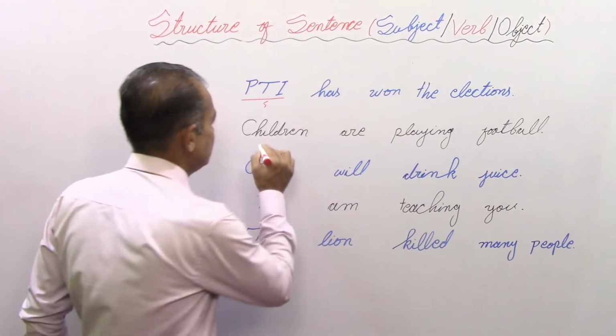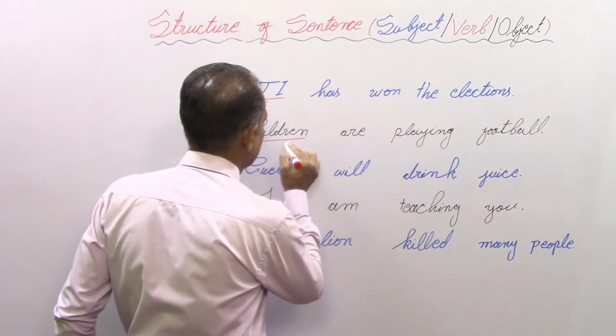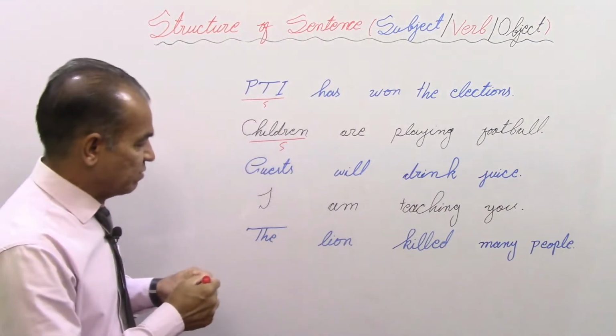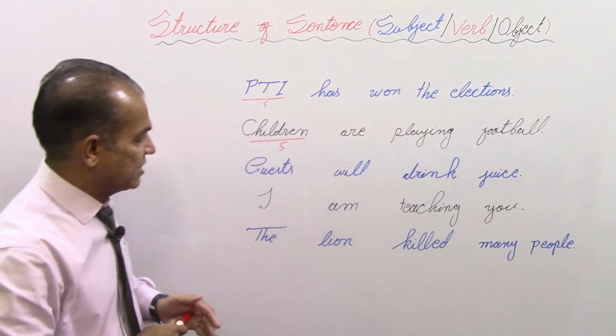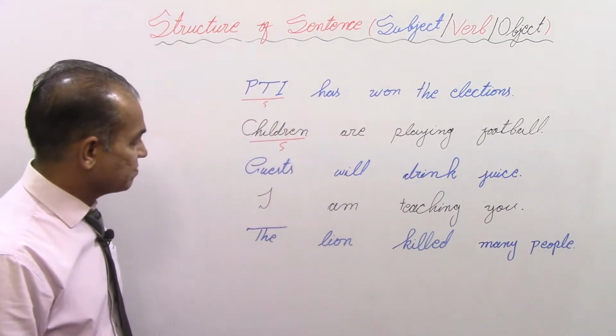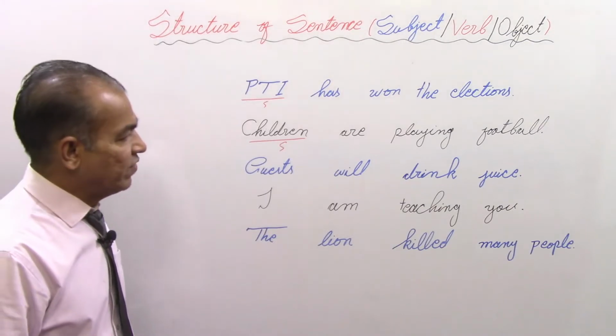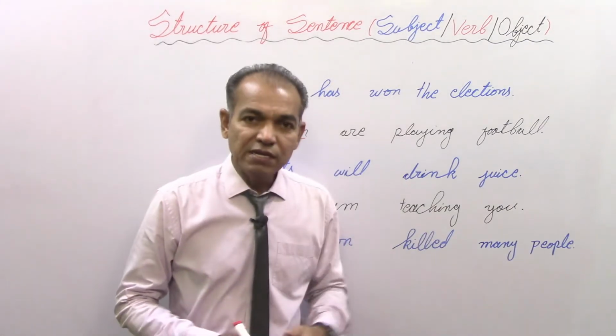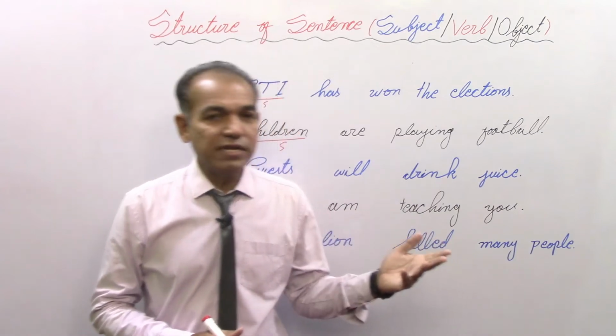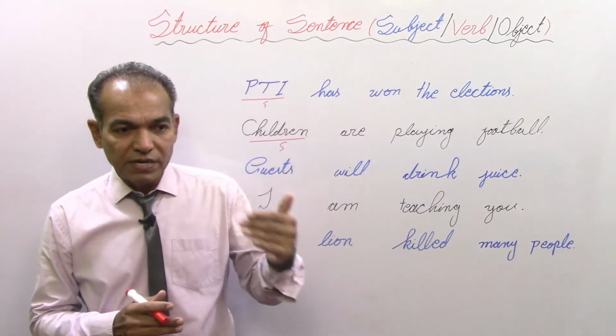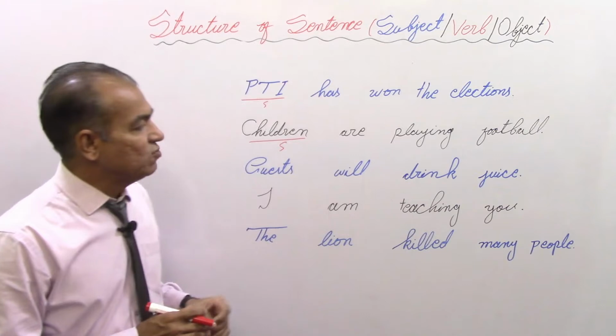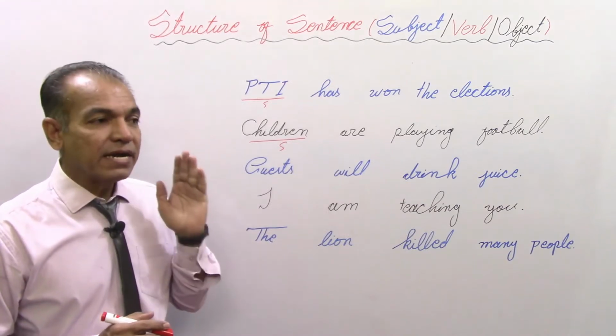These children are being discussed in this sentence, so they will be called the subject of this sentence. Let's take a third example. Third sentence: guests will drink juice. Guests are coming, and now we are thinking about what they should be served. One person says guests will drink juice, because they like juice.